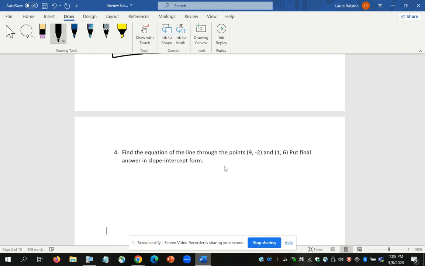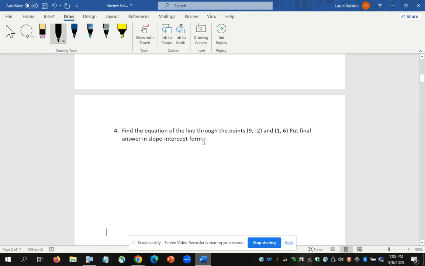Question number 4 says find the equation of the line through the points. Put your final answer in slope-intercept form. Slope-intercept form is y equals mx plus b, where m is your slope and b is the y-intercept.